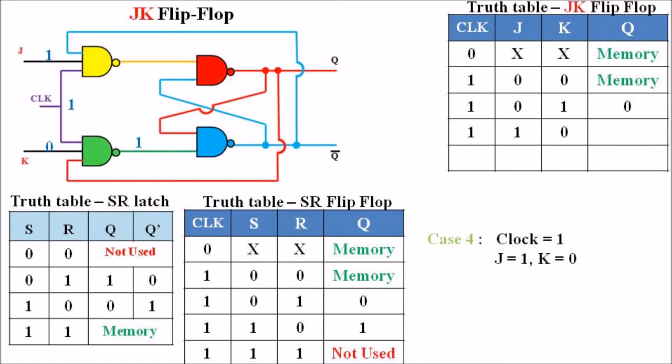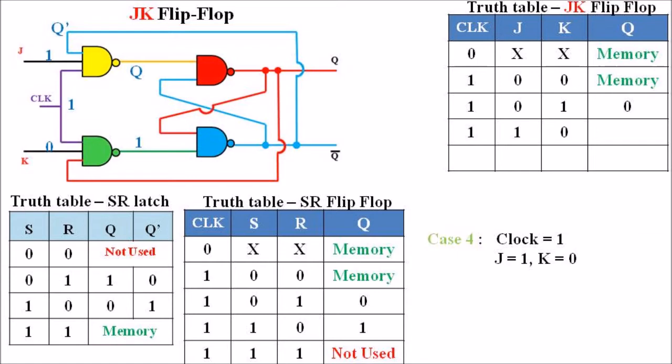The first NAND gate, the yellow NAND gate's output depends upon the third input, and from the circuit diagram it is evident that the third input will be Q complement. So the yellow NAND gate's inputs are 1 dot 1 dot Q complement the whole complement. 1 dot 1 is 1, and 1 dot Q complement results in Q complement, and the Q complement the whole complement results in an output of Q.